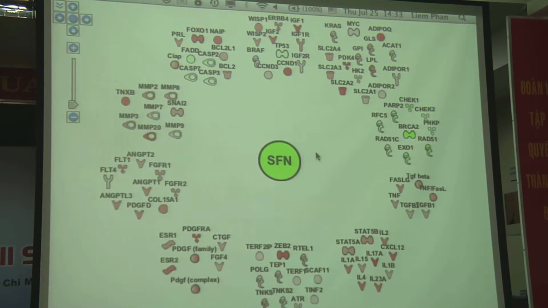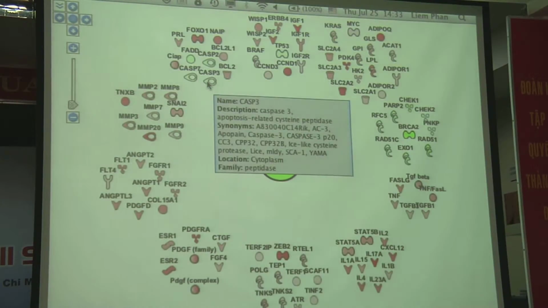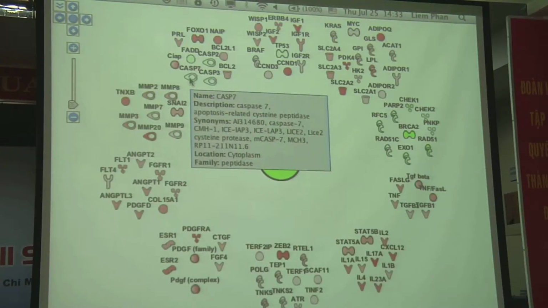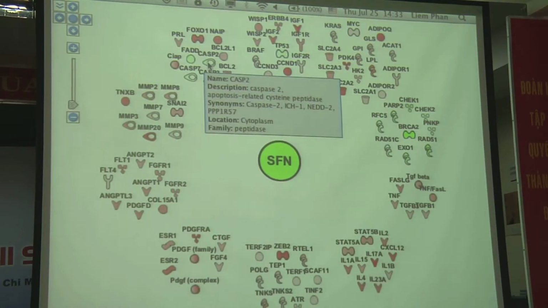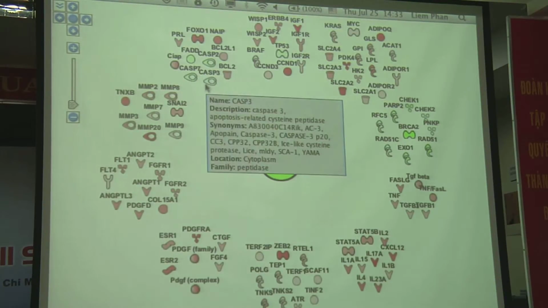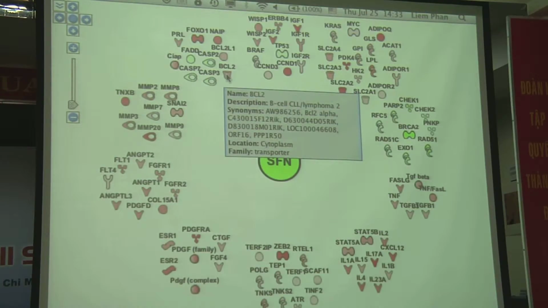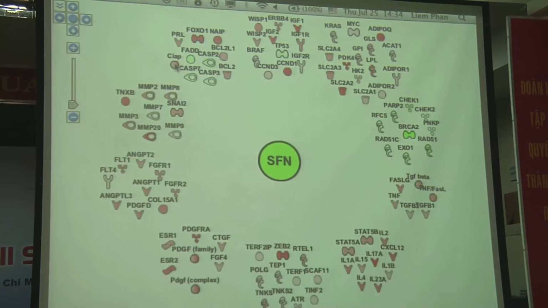When the color is green, meaning that it's a downregulation, you see that it is accompanied by the downregulation of caspase, meaning that the cells will have less caspase for apoptosis, and the increase in the BCL2, which is a very strong anti-apoptosis protein, or CAP, or FOXO1, NAP, etc., BCL2L1. So suggesting that when 43 sigma is downregulated, then apoptosis of cancer tumor cells will be reduced.